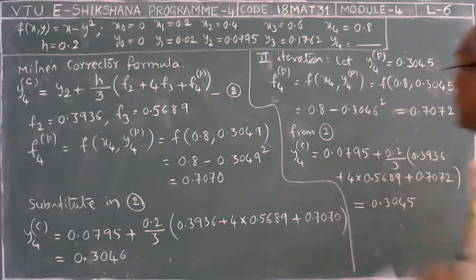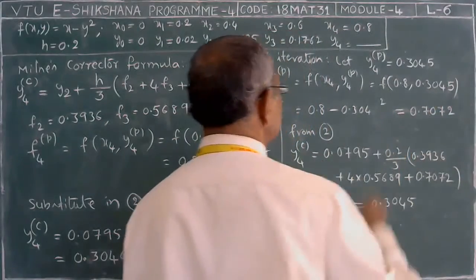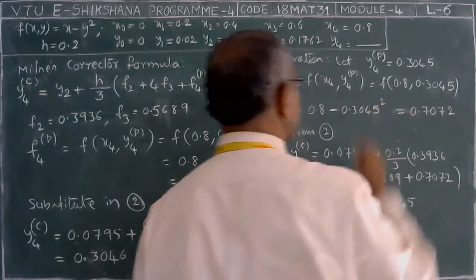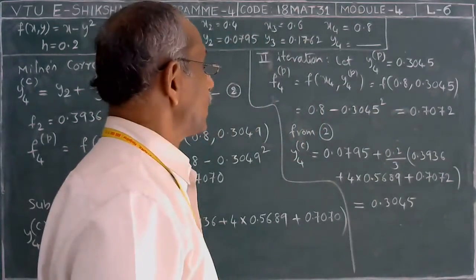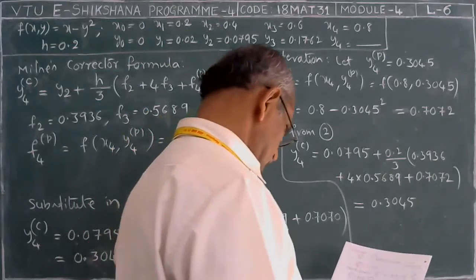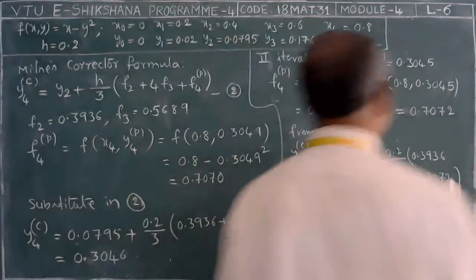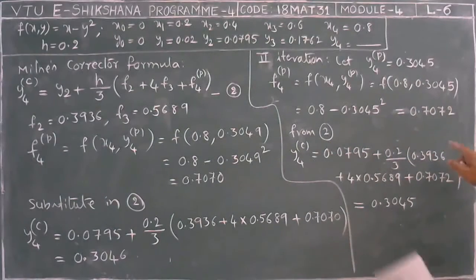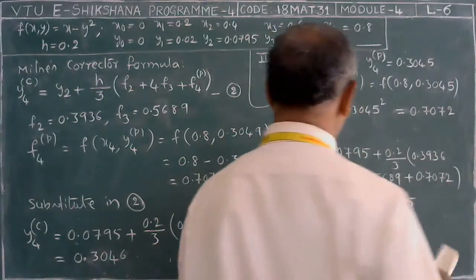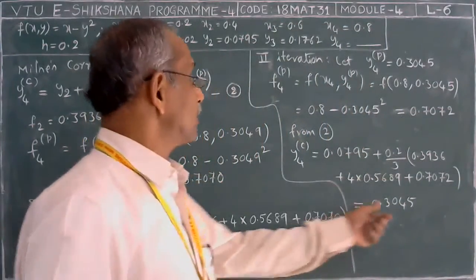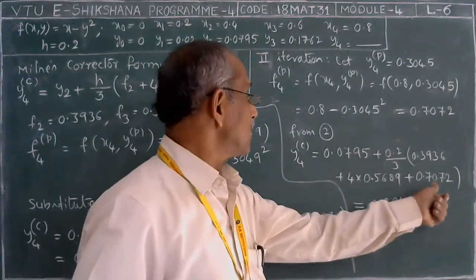If you apply the definition, 0.8 minus 0.3045 whole square. So this F4P is 0.7072 again. The same thing will come here.